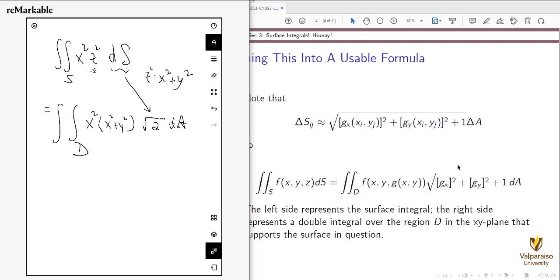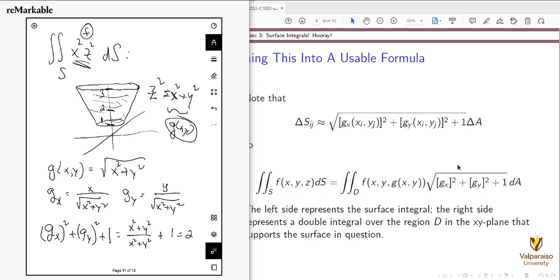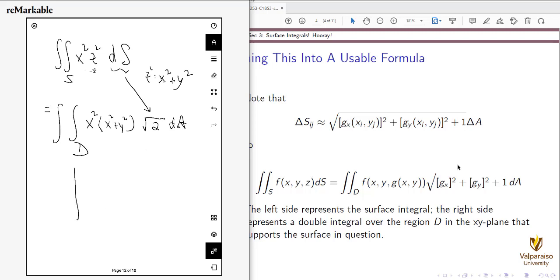And better yet, the dA is just the projection down in the xy plane. This is a terrible drawing of that cone. And so the area of integration here is 2 concentric circles.